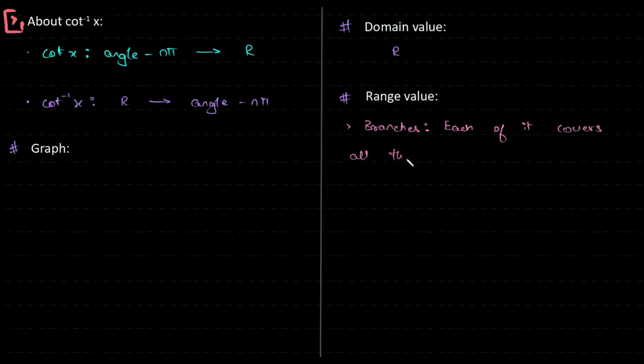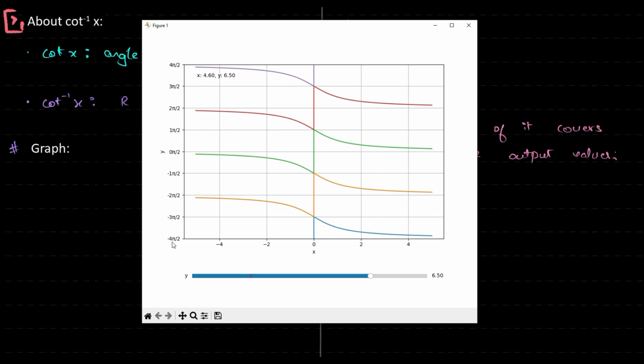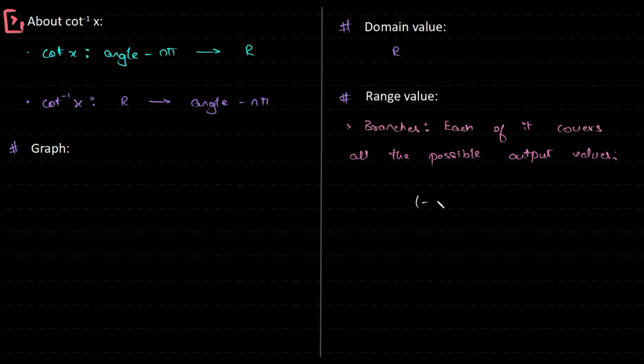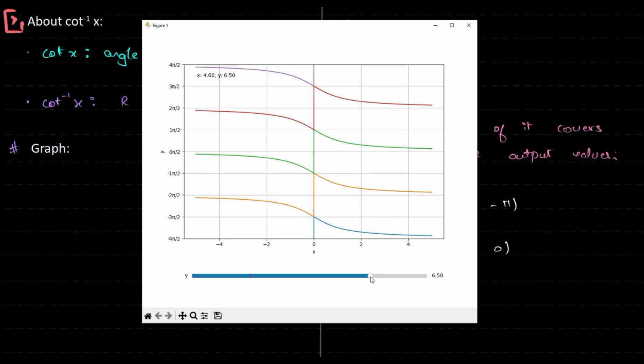So we are looking at minus 4 pi by 2, that is minus 2 pi to minus pi, then minus pi to 0, and so it would be.